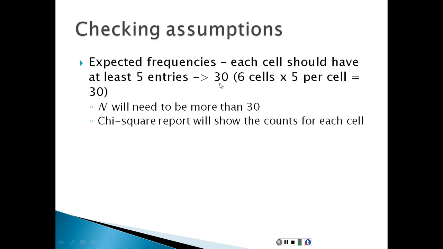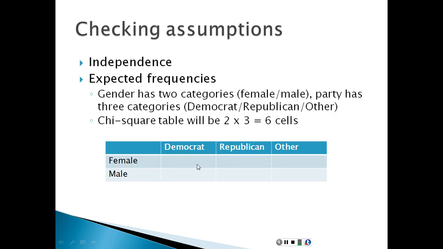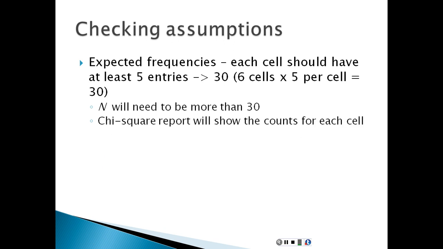So if I say 5, 10, 15, 20, 25, 30, that means we should have a minimum of 30, so our N should be at least 30. However, it definitely needs to be more than 30.